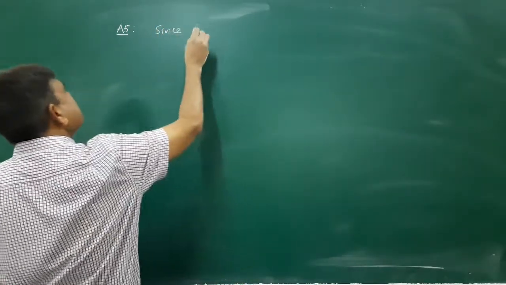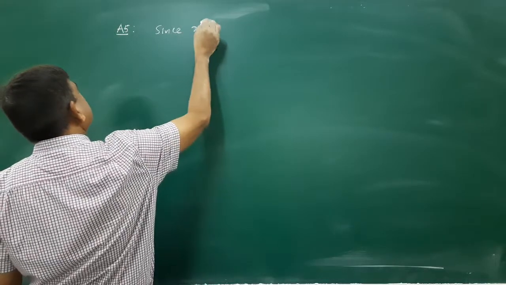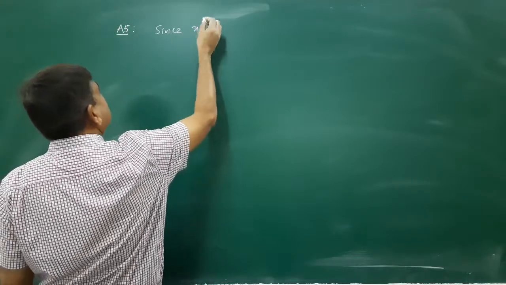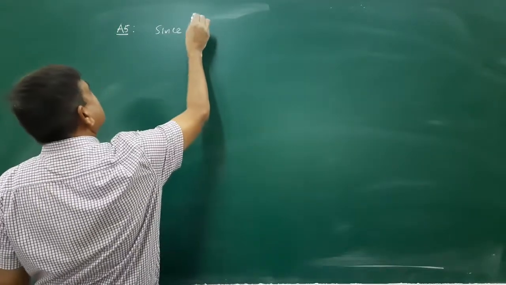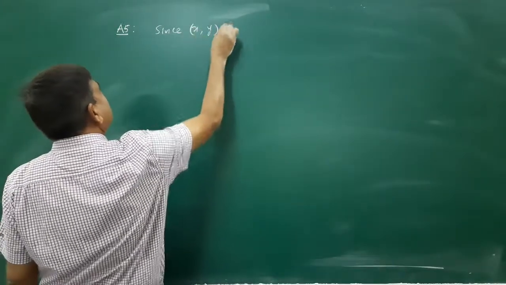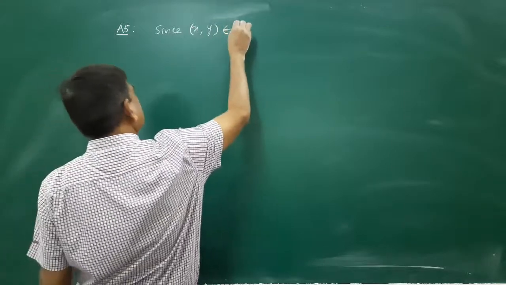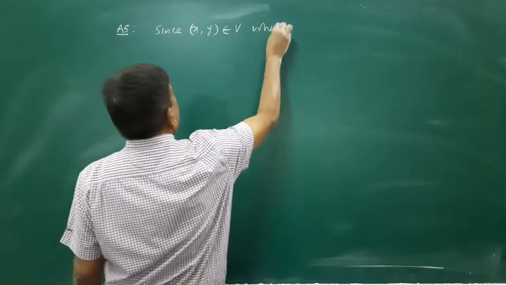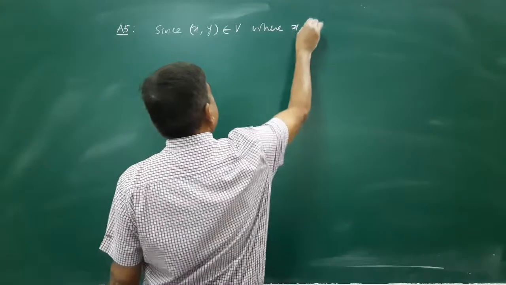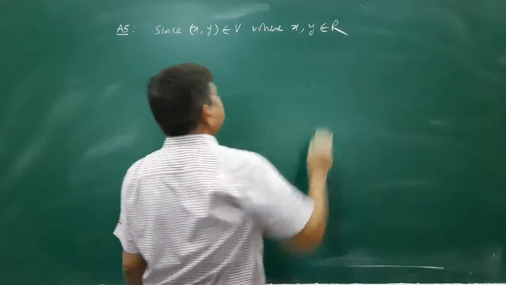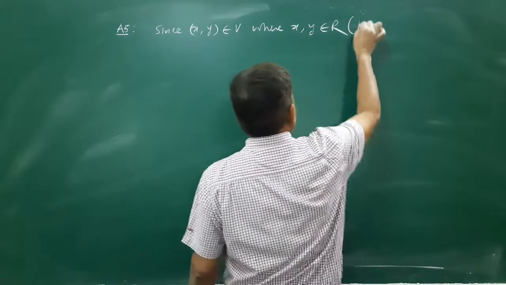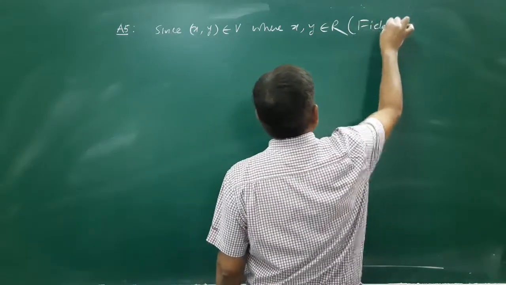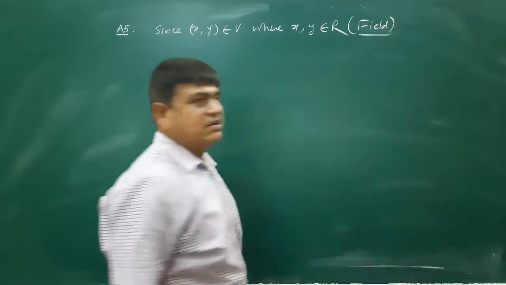Since x comma y belongs to V, where x, y belong to R. Remember, this is a field.